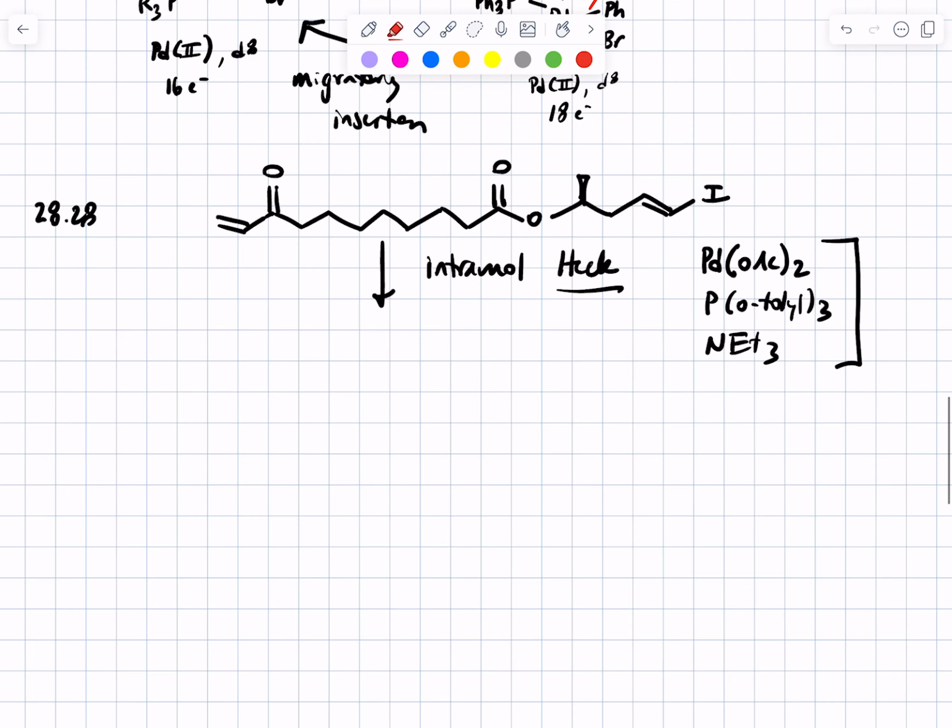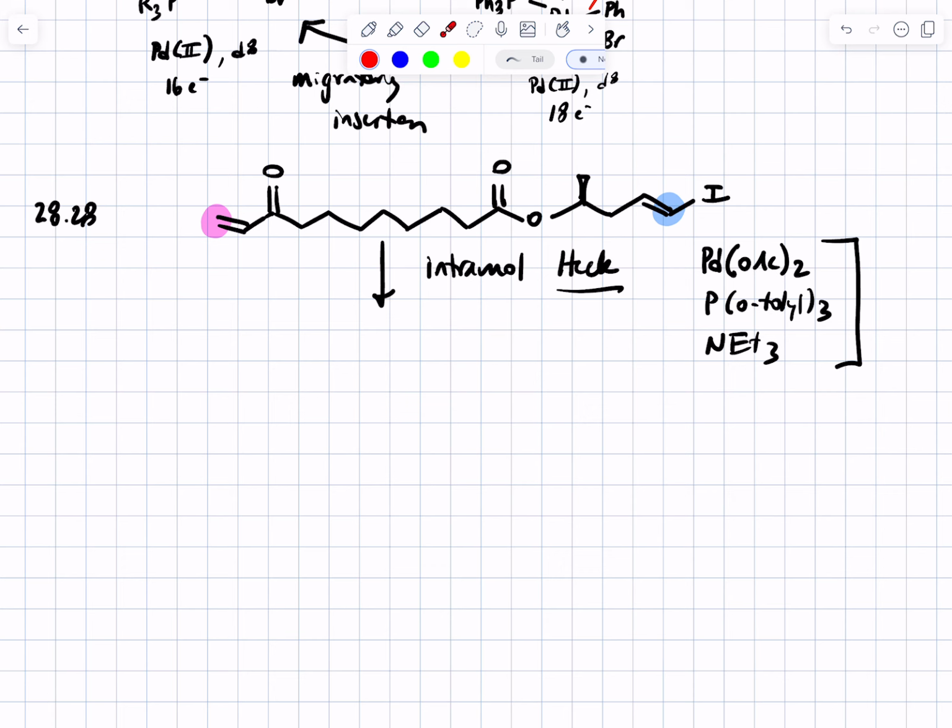Well, it connects a vinyl or aryl halide on one side with an alkene carbon on the other side. And for the most part, unless there's no other choice, you're going to be thinking about that carbon that has an electron withdrawing group on that side.